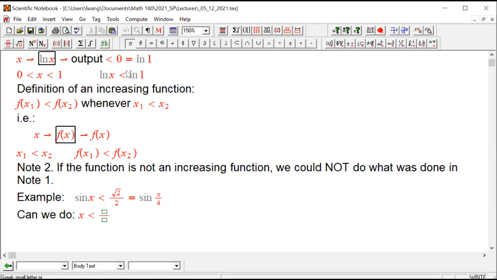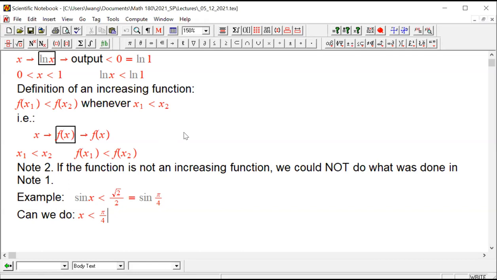Can we do that? Of course, I told you we cannot. Absolutely not. Because sine is not an increasing function.